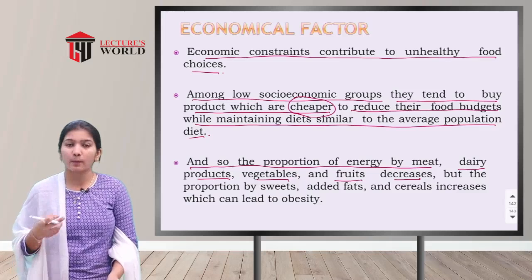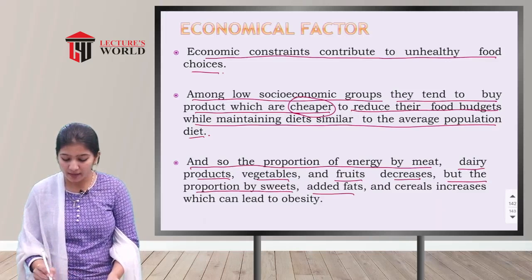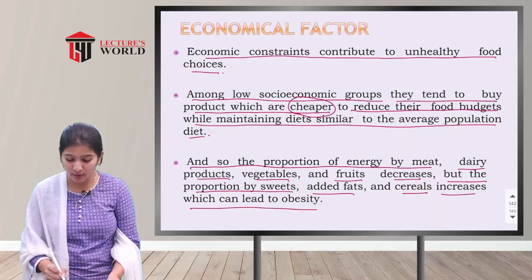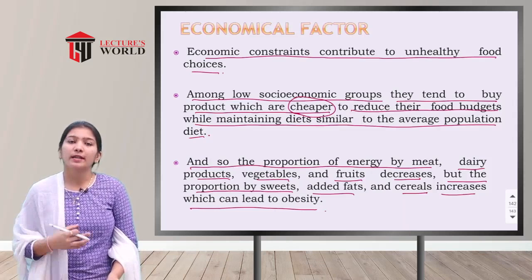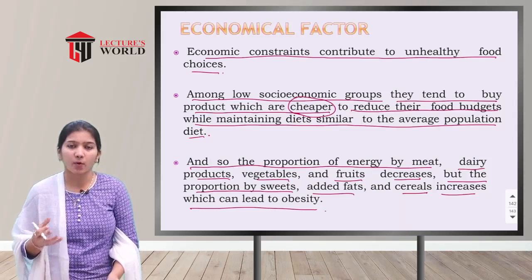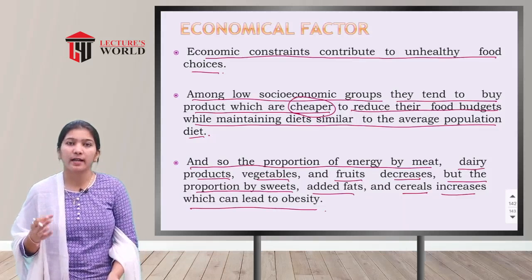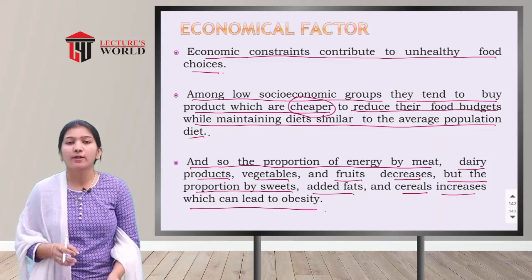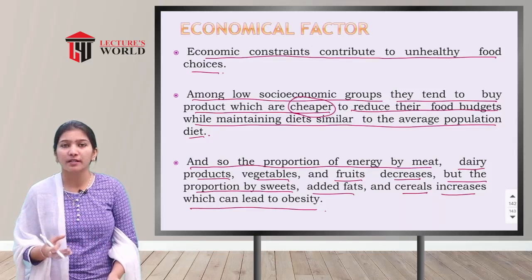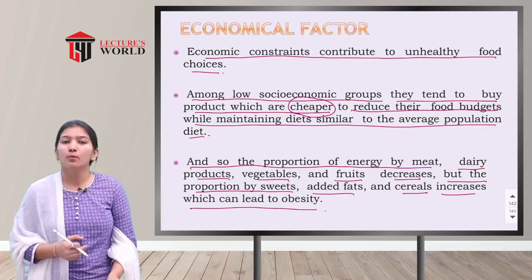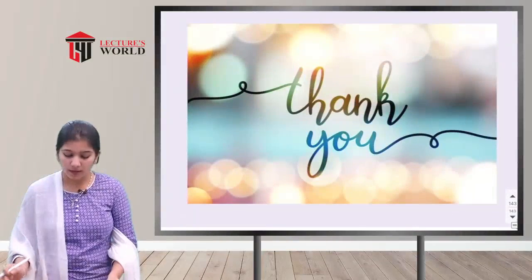But the proportion of sweets, added fats, and cereals increases, which can lead to obesity. They depend on staple food, food which gives them satiety in their stomach, so they eat cereals, added fats, sweets or sugary food, and that may lead to obesity. So this is the economic factor. Poor socio-economic status also affects your body mass index. Thank you so much.